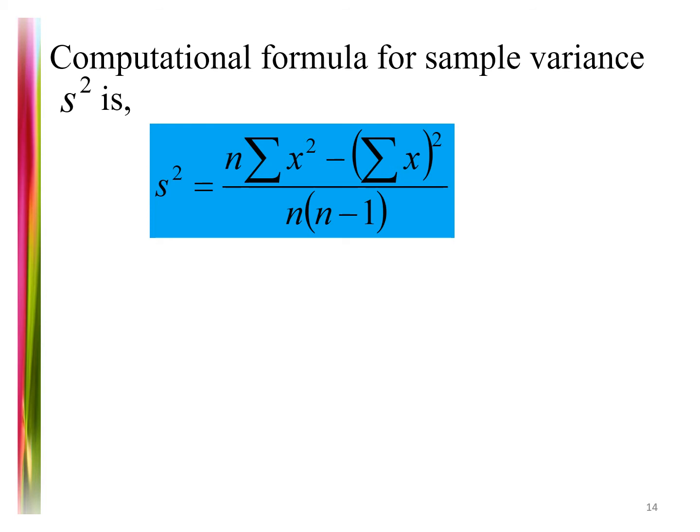If we use the expansion a minus b all squared equals a squared plus b squared minus 2ab, we will get s squared equals n times summation of x squared minus summation of x all squared, divided by n times n minus 1.